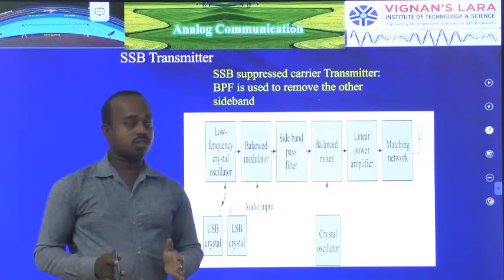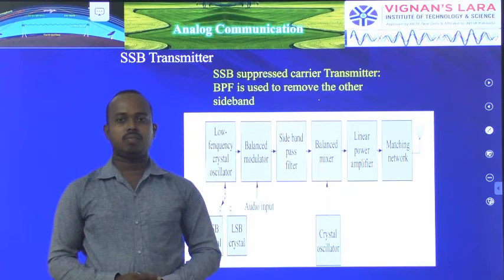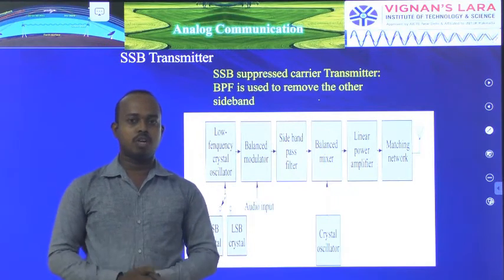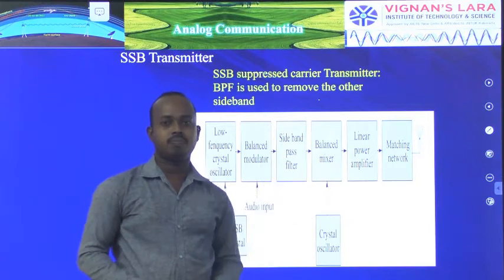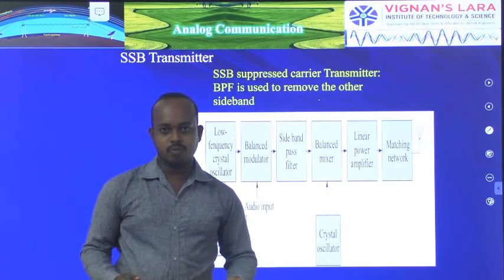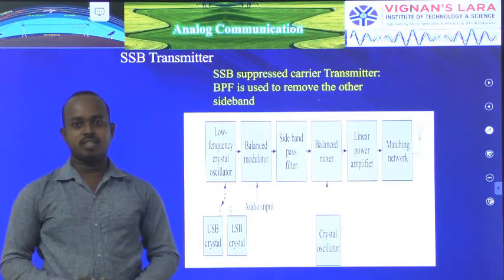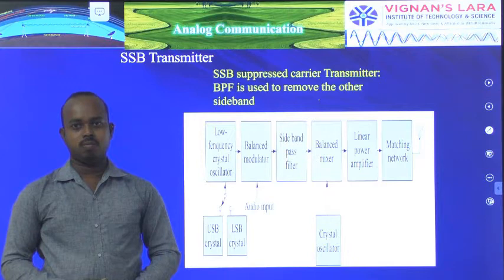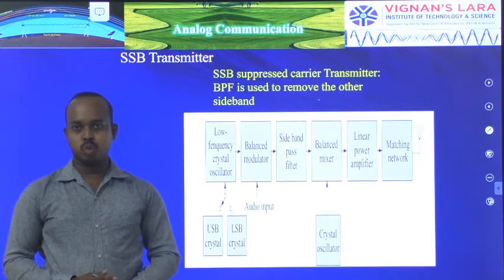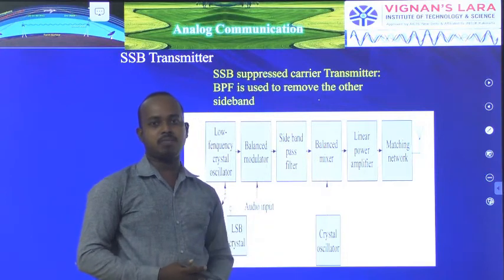In this SSB transmitter, we are mainly using two balance modulators. One is a balance modulator and the second one is a balance mixer. But in the case of DSB-FC, we don't use this type of balance modulators.